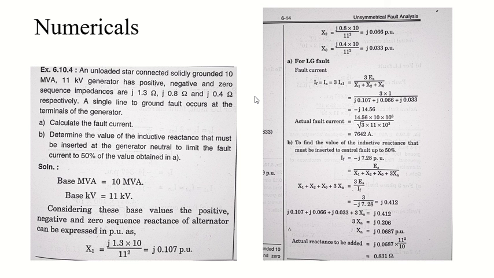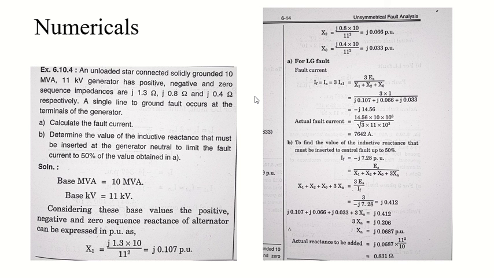So you can simply take x1 equal to the positive sequence impedance into my MVA divided by kV squared, and you can find the per unit value of x1. Remember, in earlier classes we saw how to find per unit reactance.